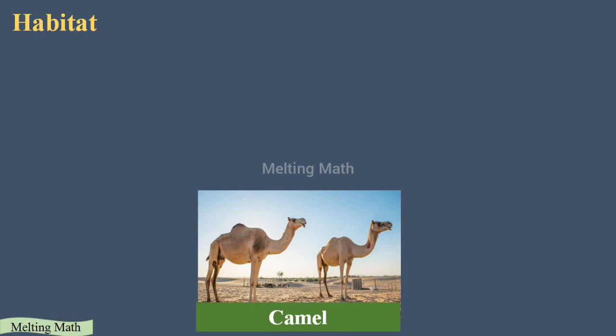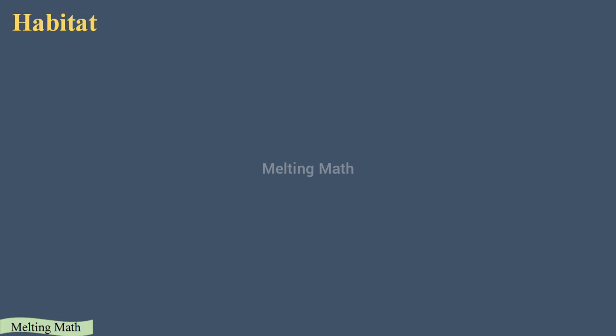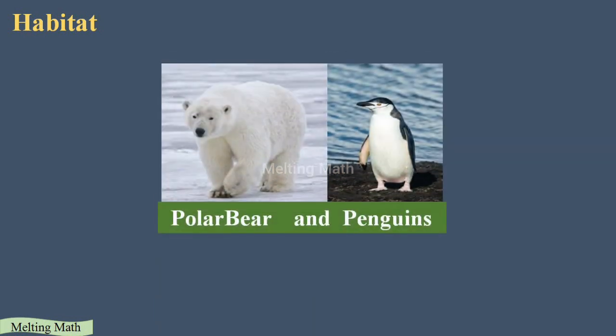A camel also lives in our places, like Chennai and Kanchipuram, in Tamil Nadu, but it has more comfort living in the desert only. Like that, here we have the polar deer and penguin. These mostly live in cold places, so their habitat is cold places.